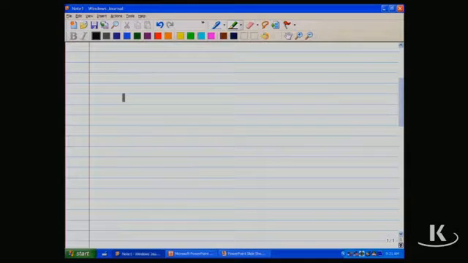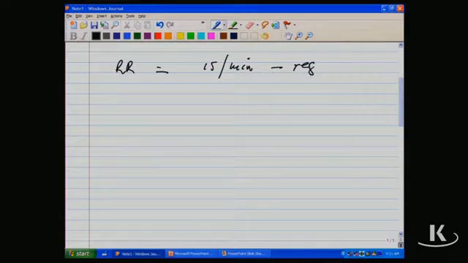Suppose you're told that a patient at the time of admission had a respiratory rate of 15 per minute, described as being regular.